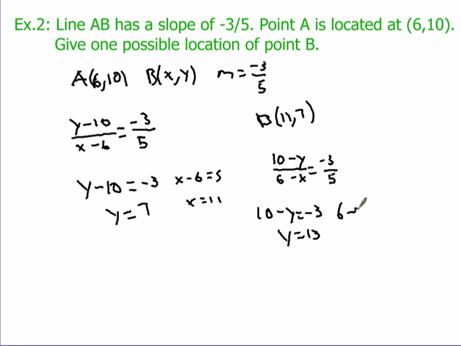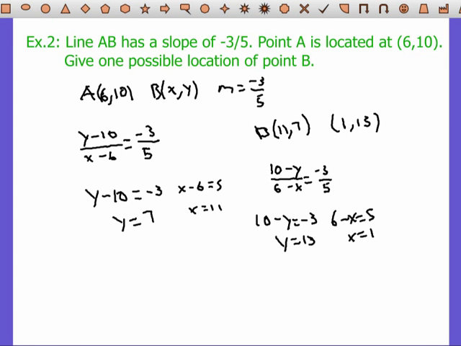And 6 minus x equals 5, so x equals 1. So I get B is at 1, 13. You might be going, how can B be at two different points? Well, really it's not. It's really that we have three different points.